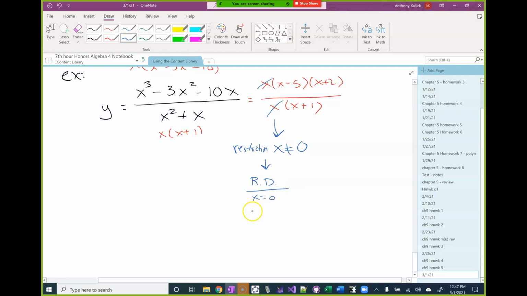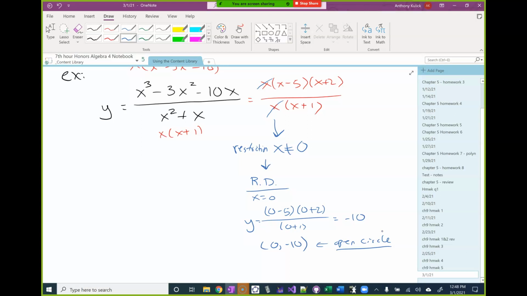To find that removable discontinuity, we take 0 and plug it into the reduced function. So the point (0, negative 10) needs to be included in our graph, but it needs to be an open point as opposed to a closed point.